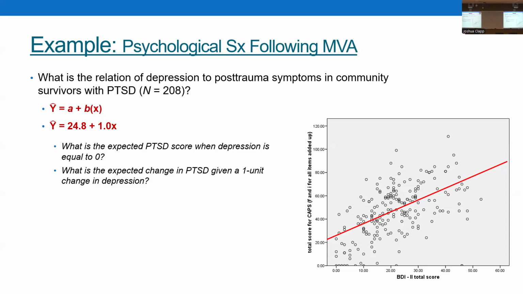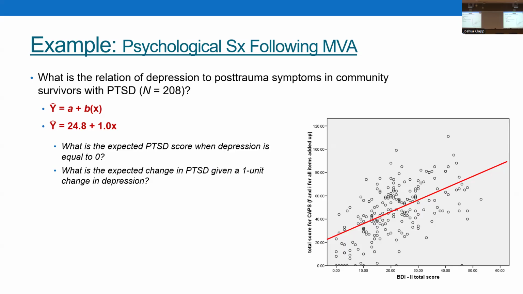Well, you got it, 1, right? This is my slope. For every 1 unit increase or decrease in my depression score, I'm expecting a corresponding 1 unit change in my PTSD score.